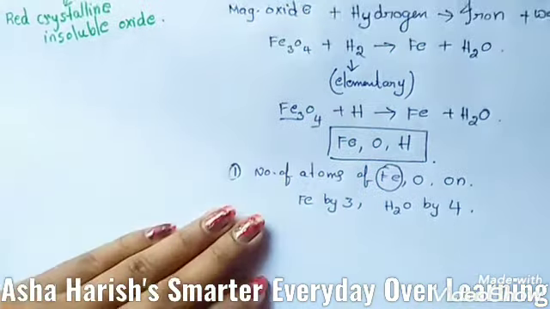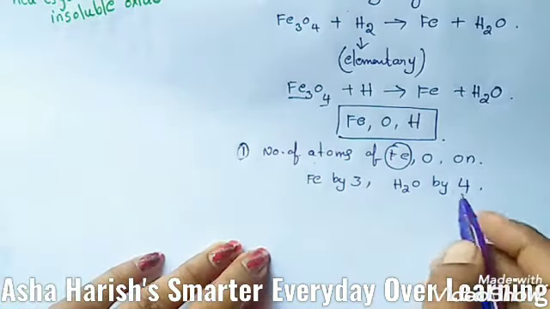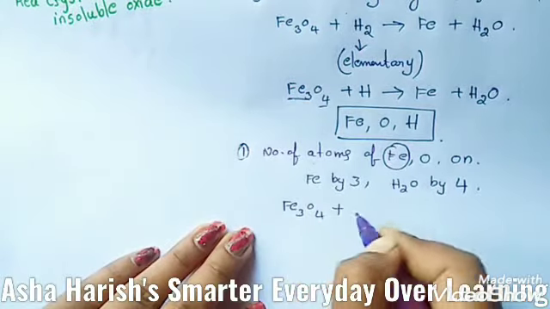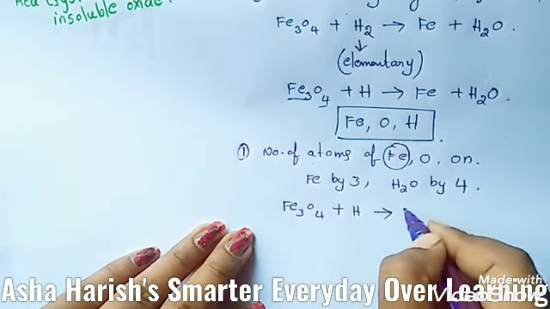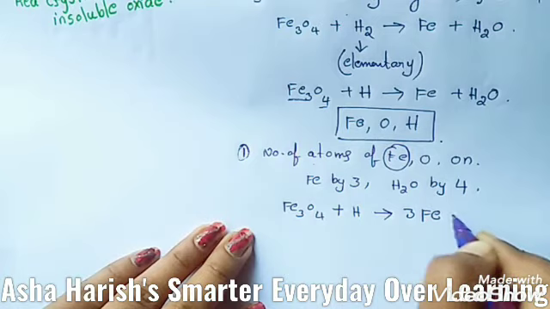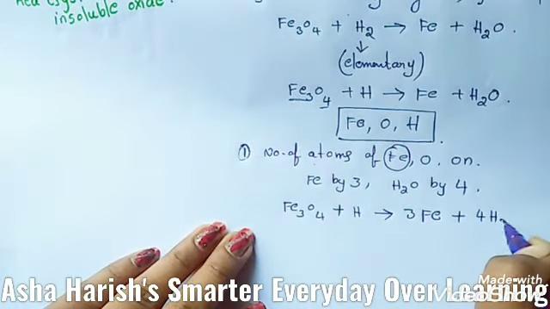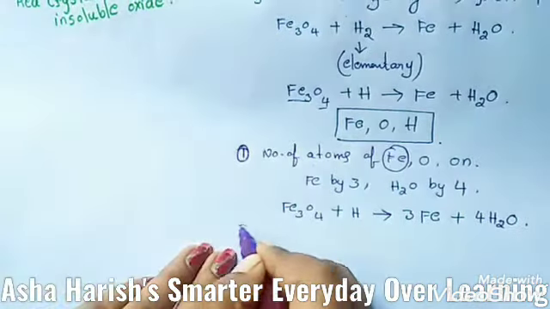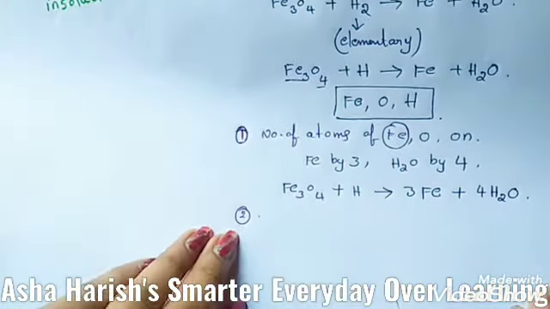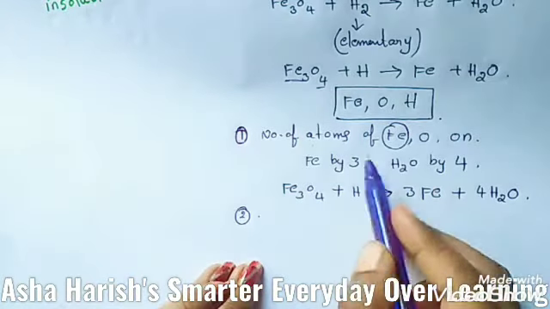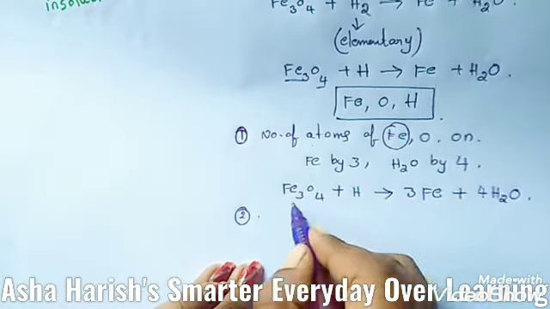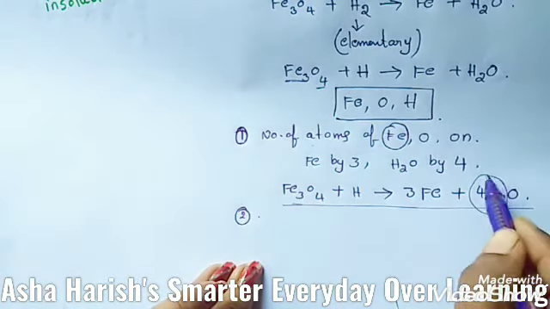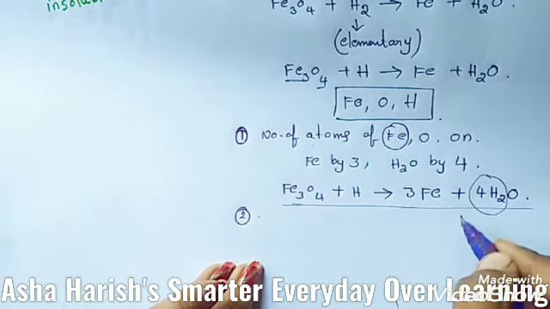Then which type of equation should we get here, students? Fe3O4 plus H, then 3Fe plus 4H2O. Right, now this is step number 1. Now in step number 2, the above equation has 8 atoms of hydrogen on RHS.